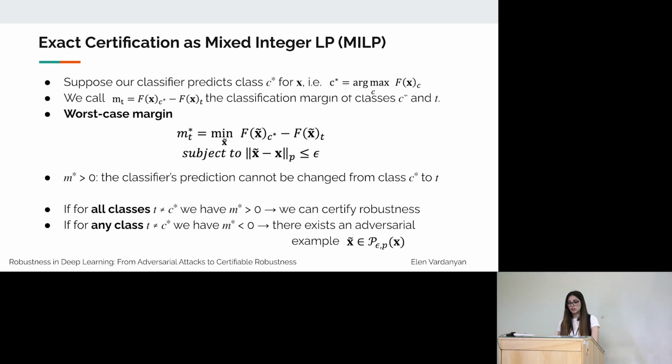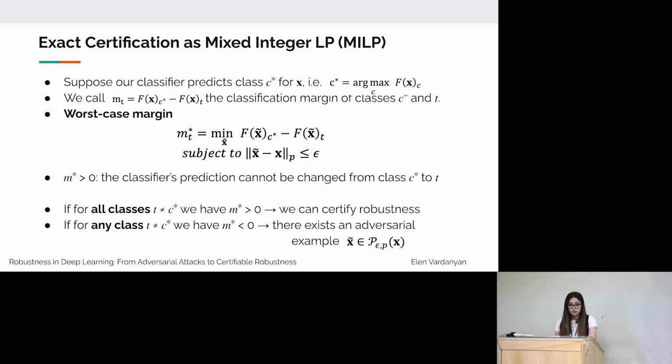And so if we are able to solve this problem, and we get the final M star larger than 0, then this means that the classifier's prediction cannot be changed from class C star to T. So this is the case when we get a robustness around this sample X. And this means that for all classes that are not equal to the winning class, if we have this positive margin for all classes, then we can certify robustness.